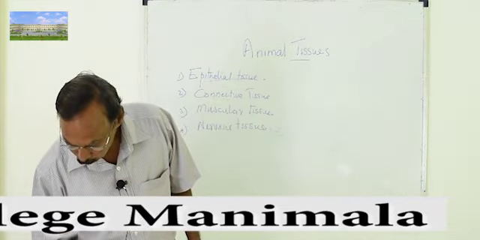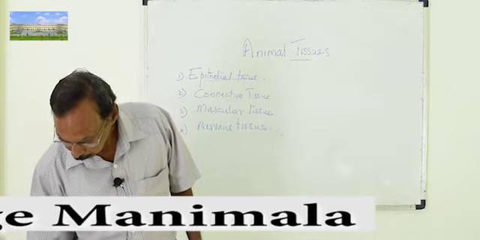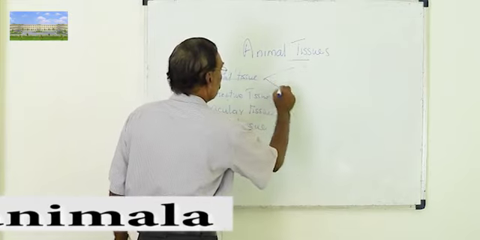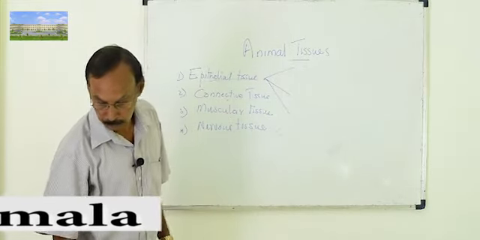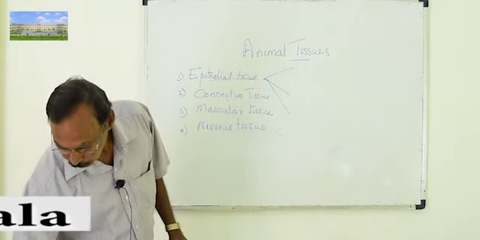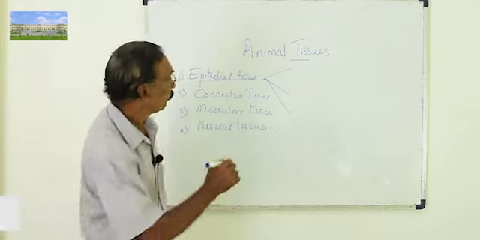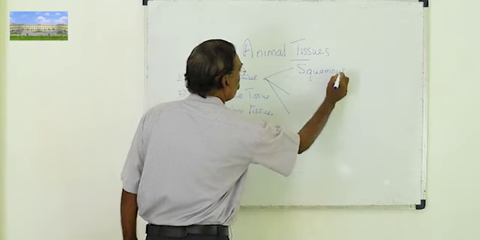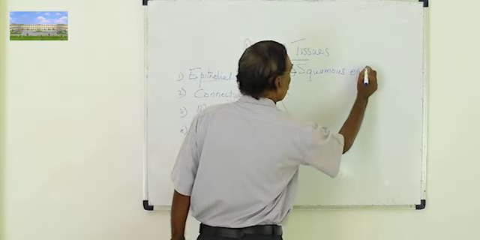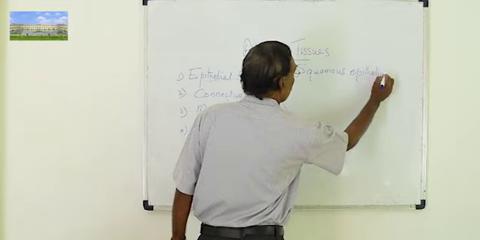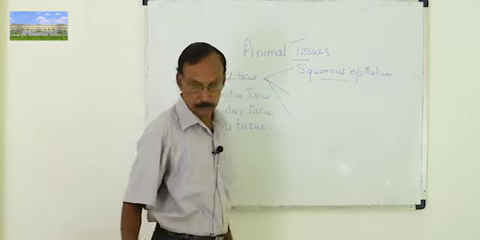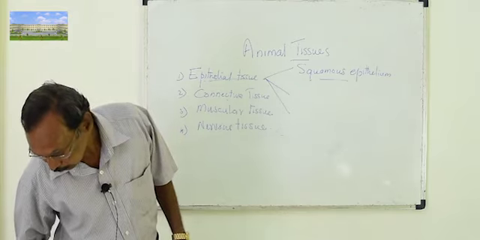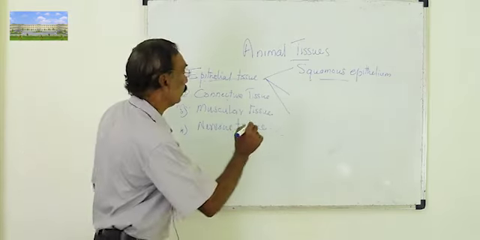The first type is squamous epithelium. And where are they found? This squamous epithelium consists of very simple flat cells, as I drew already.